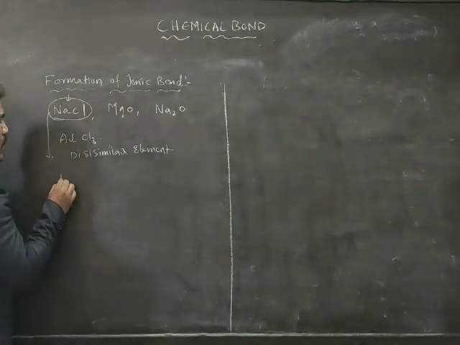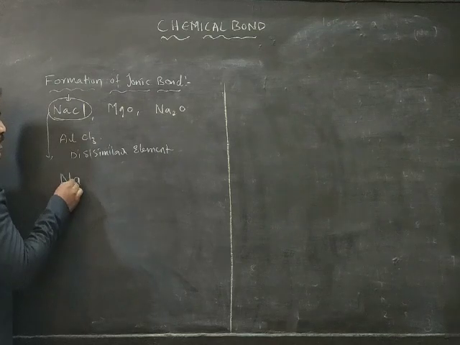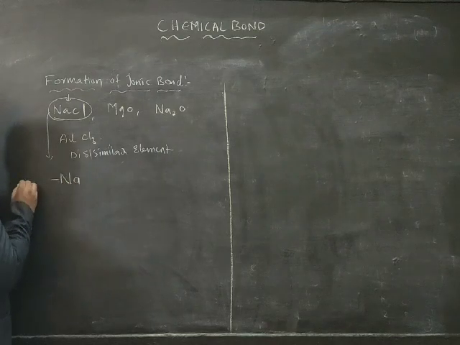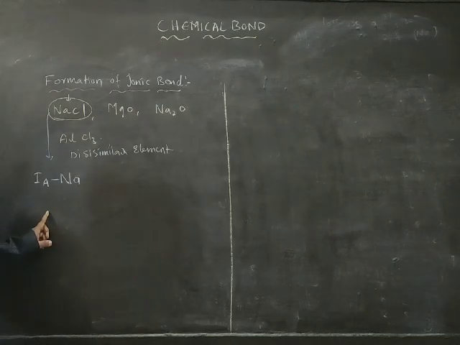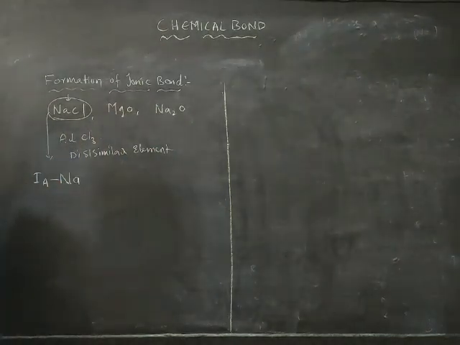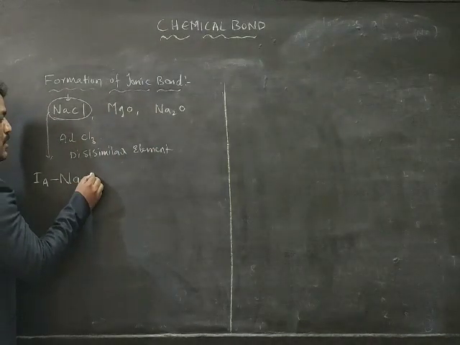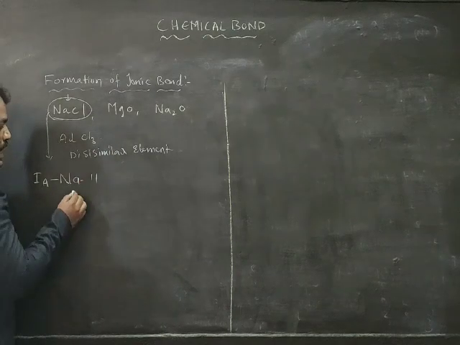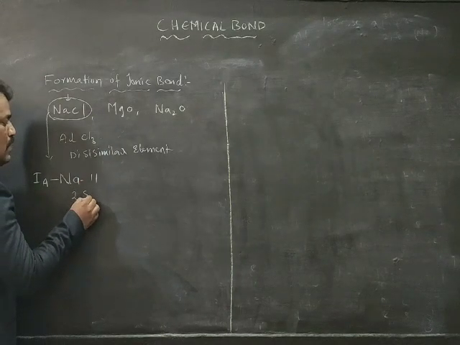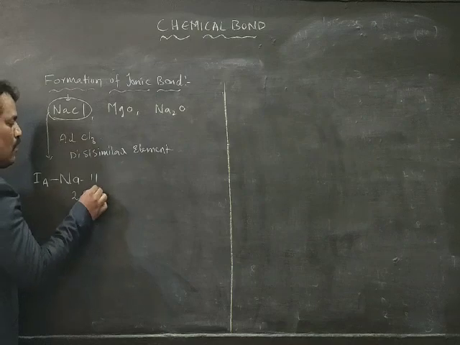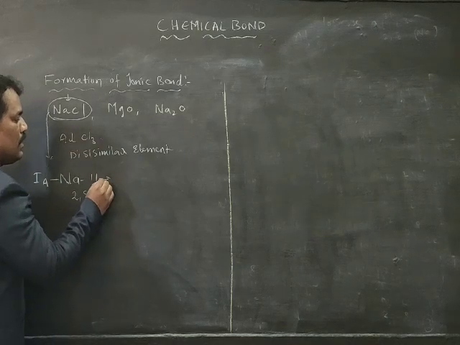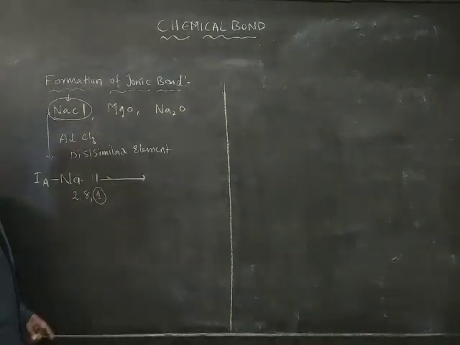Coming to the sodium atom, which group element does it belong to? First A group element. Its atomic number is 11, and its electron arrangement is 2, 8, 1. It has an extra electron.